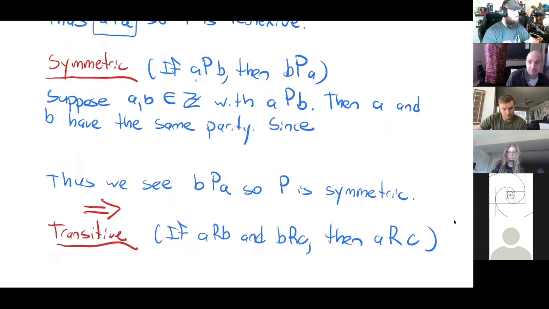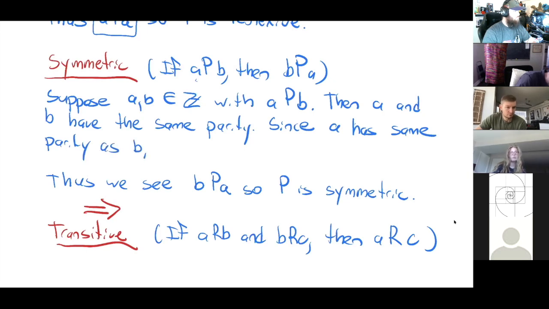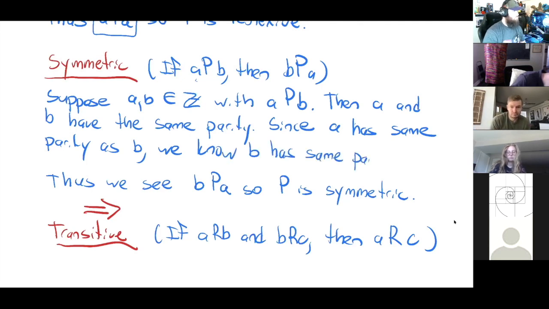So basically, if you want to capture the symmetry of this argument, really what's going on is since A has the same parity as B, and again, this is just based off of what we know about even and odd numbers.